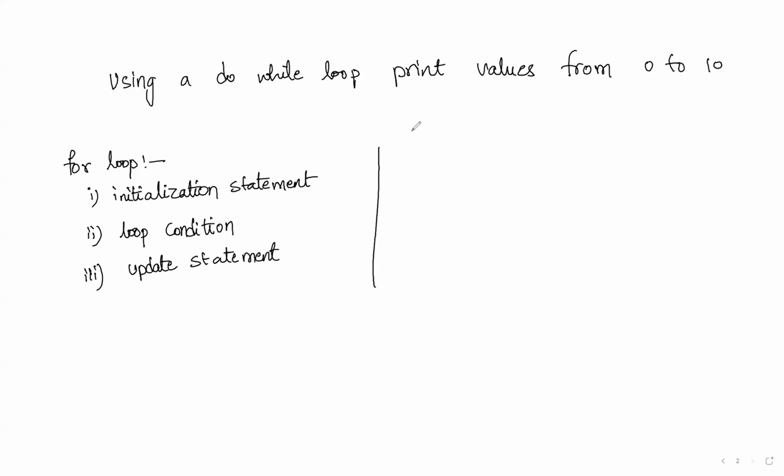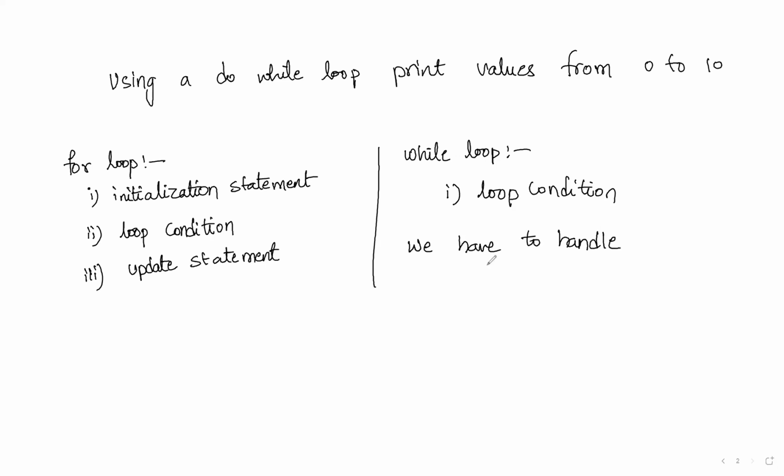Now, if I'm comparing with a while loop, it only has a loop condition. We have to handle explicitly the initialization statement, which is the shortcut for the for statement, and the update statement.